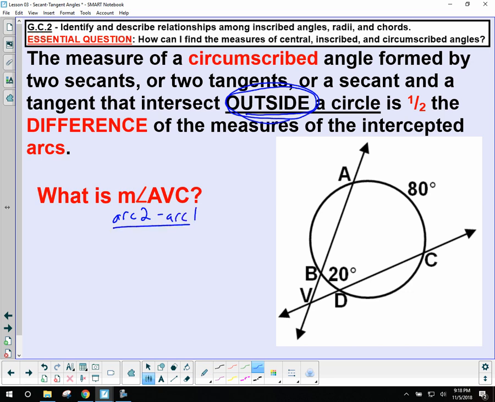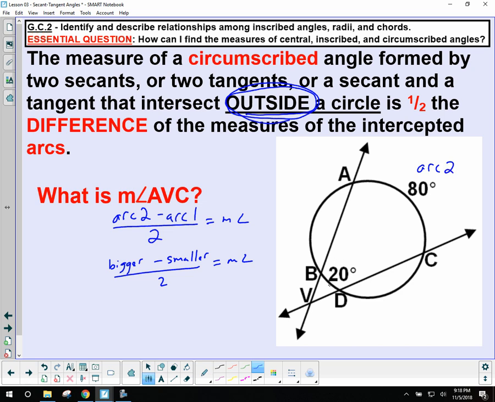It should equal the measure of that angle. Another way to say it is bigger arc minus smaller arc, all divided by 2, equals the measure of said angle.